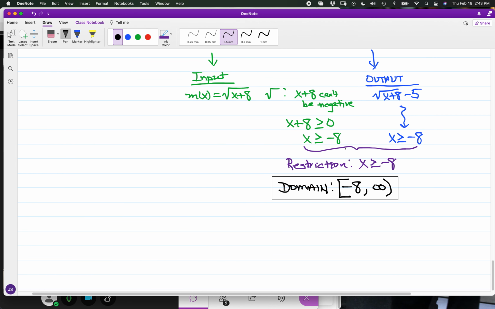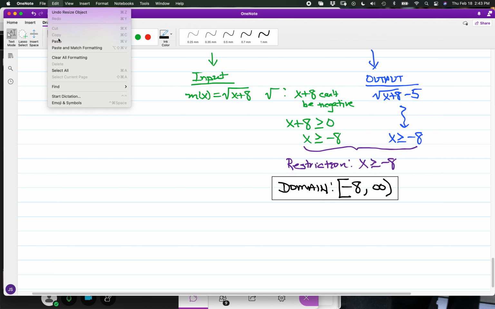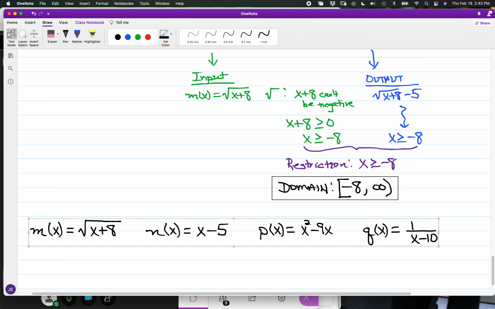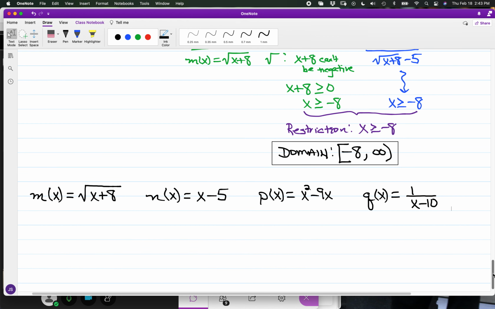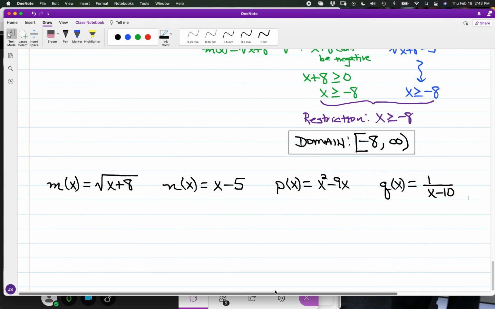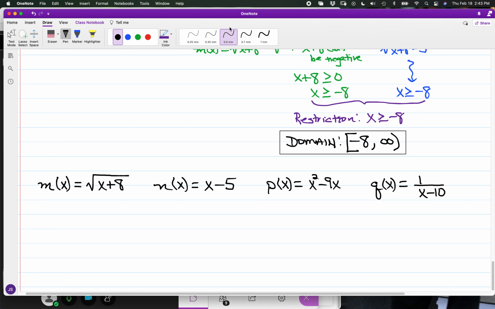Now, still with the same functions, we have a couple more items, with the compositions in 70 and 76. So we have 70.